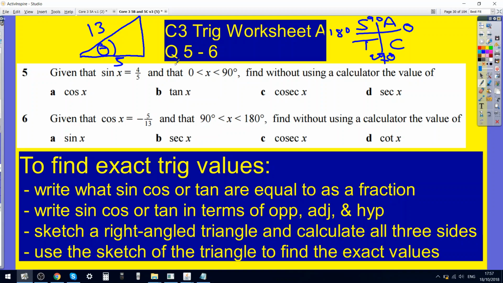What is the third side, Saba? How do you get the third side? Pythagoras. Correct. So 13 squared minus 5 squared is 169 minus 25, which is 144. Square root of 144 is 12. Okay, what's sine x?